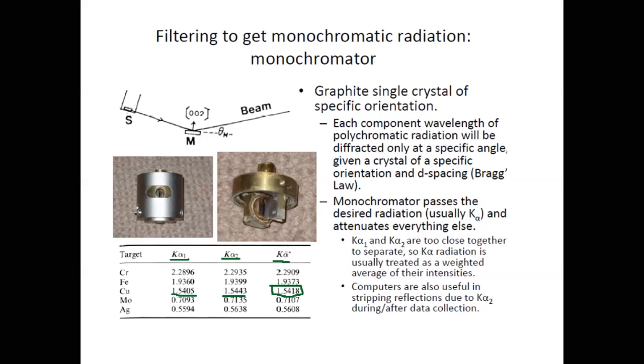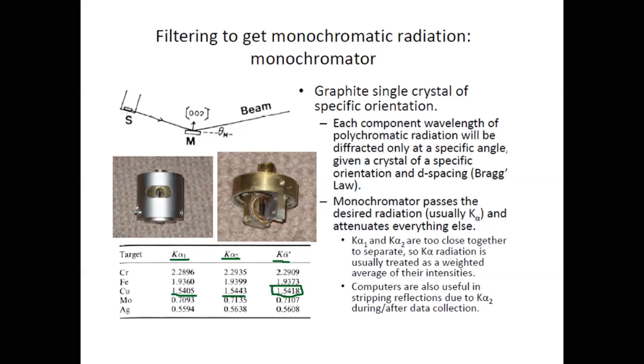This is similar to that. So you take the wavelength of K alpha 1, multiply it by its weighted value, so maybe it's 90% K alpha 1, 10% K alpha 2, and then you would get the weighted wavelength. So it's weighted against K alpha 1 and K alpha 2.